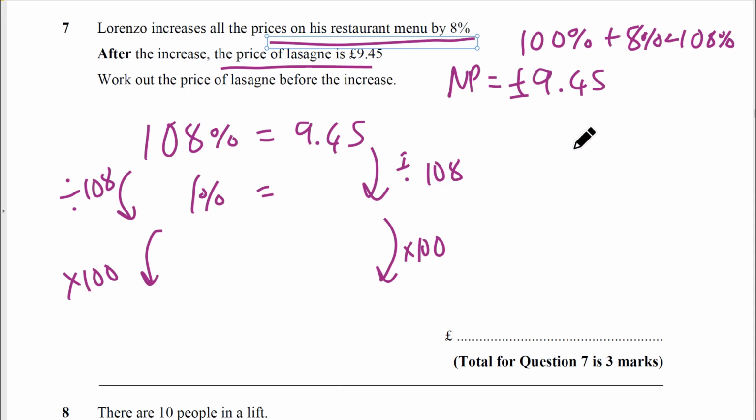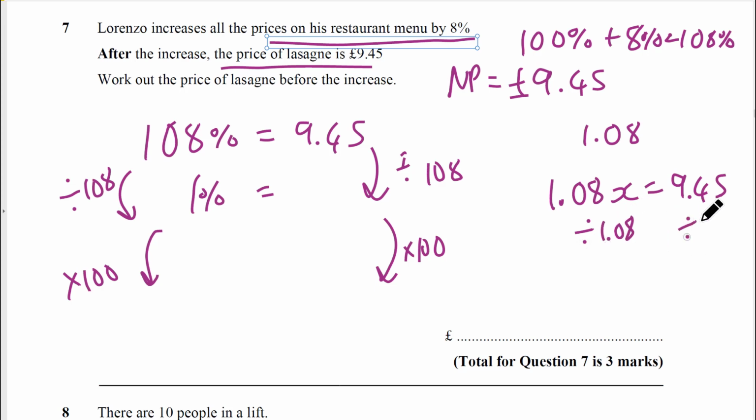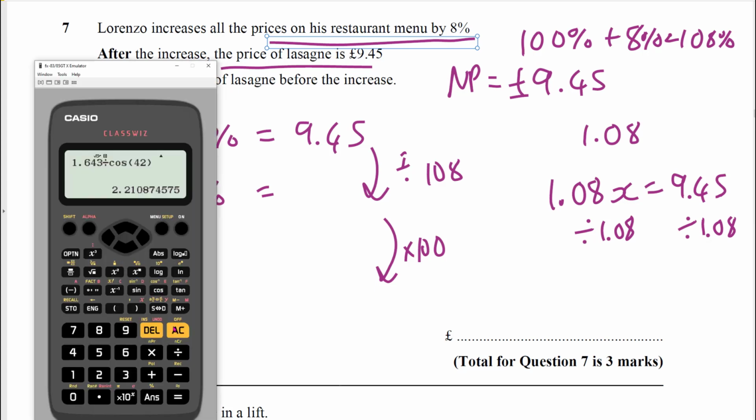Or what I do is know 108% is 1.08 as a decimal, so 1.08 times the mystery number x is going to equal £9.45. So we divide by 1.08, and that will also give us the answer, £8.75.